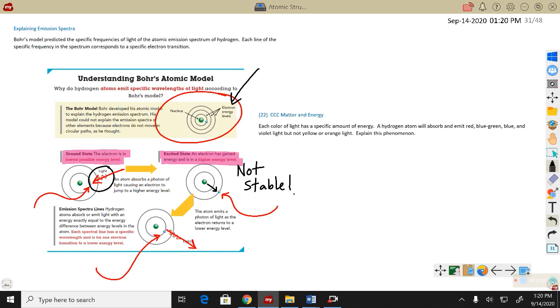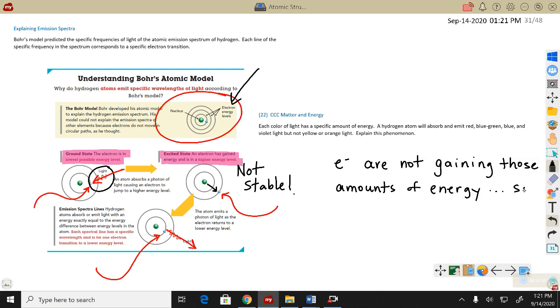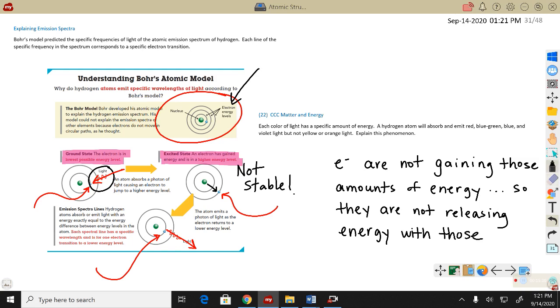And it must just be that electrons are not gaining those amounts of energy and then they're not releasing energy with those frequencies, wavelengths.